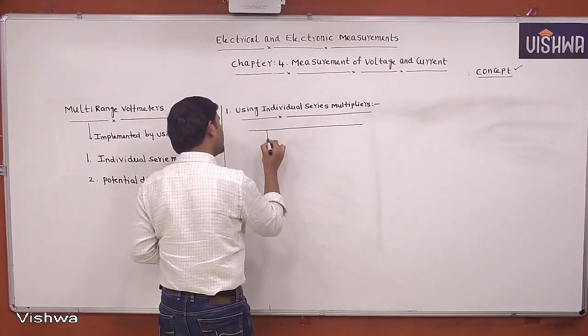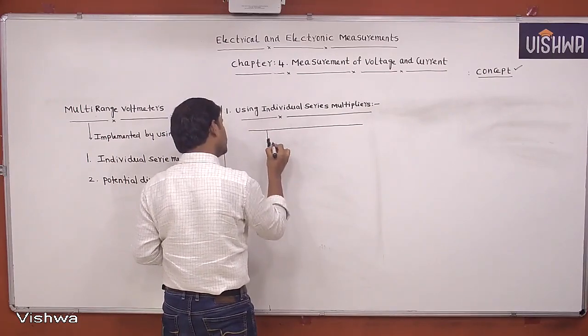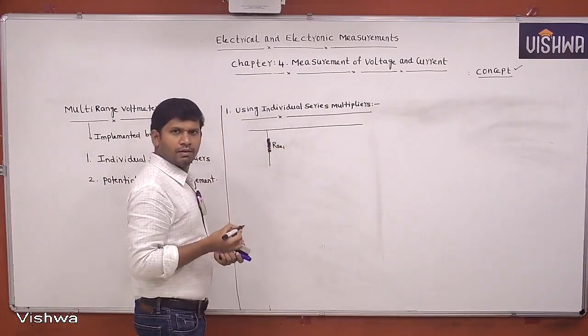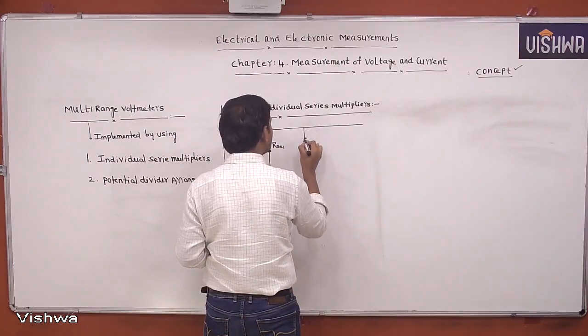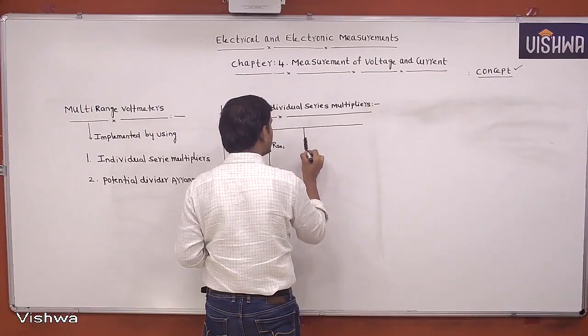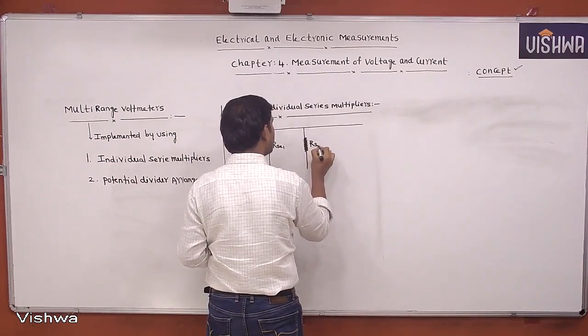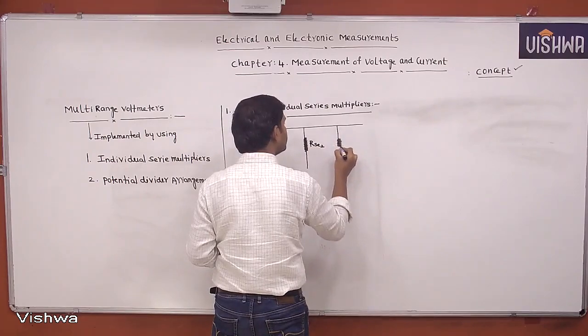Let this be Rsc1, then this is Rsc2, then this is Rsc3.